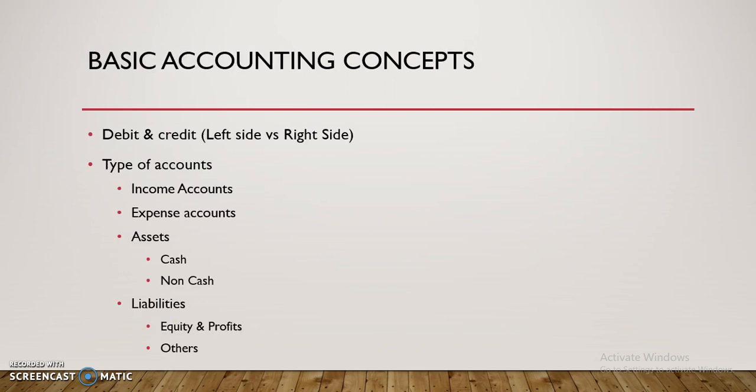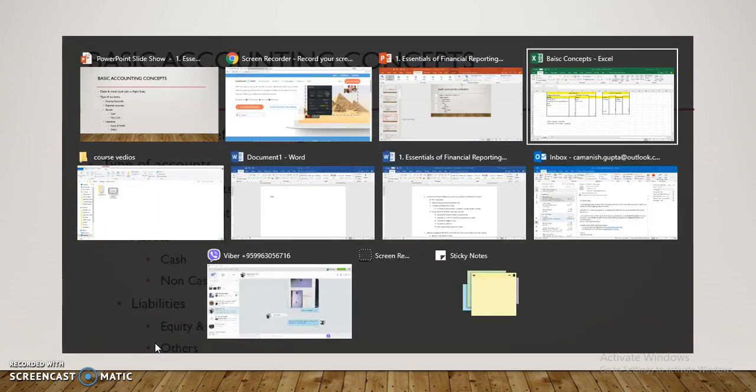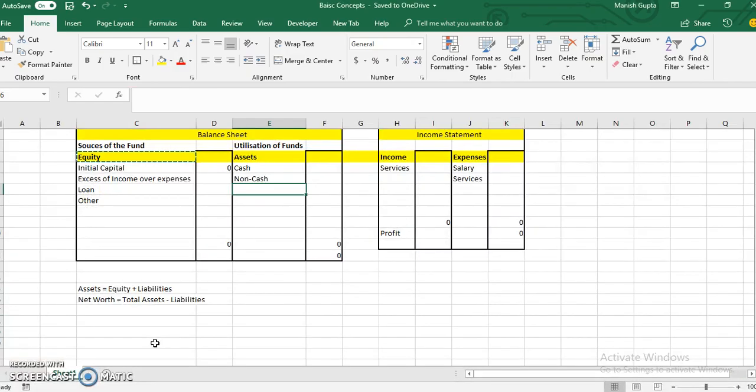So let's look into detail, step by step building of these, and see them in action. We talked about four types of accounts: equity, assets, income and expenses. Income and expenses are part of the income statement. Assets and equity or liabilities are part of the balance sheet.